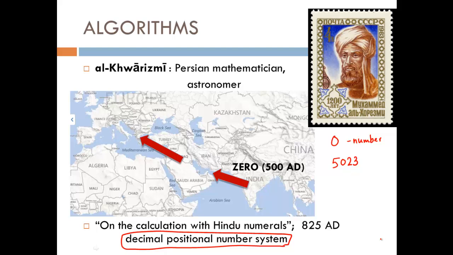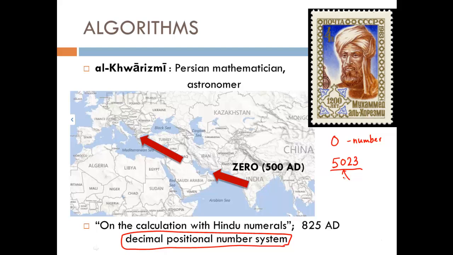The crucial thing that you need in a positional number system is that the position of a digit in this representation, namely 5 is in the thousandth place, determines the value that it contributes to the number, right? And 0 is crucial for this because you need to say that a particular place does not contribute anything.